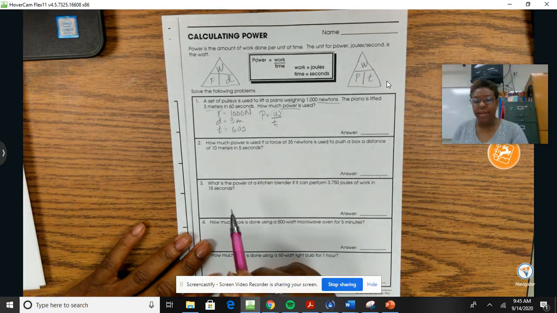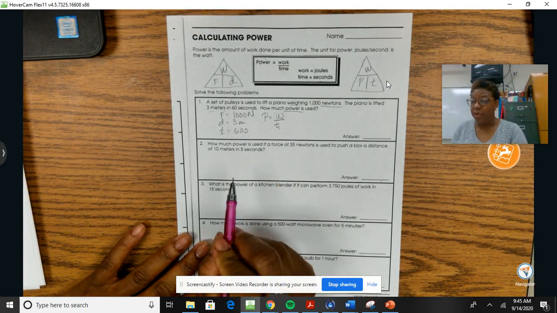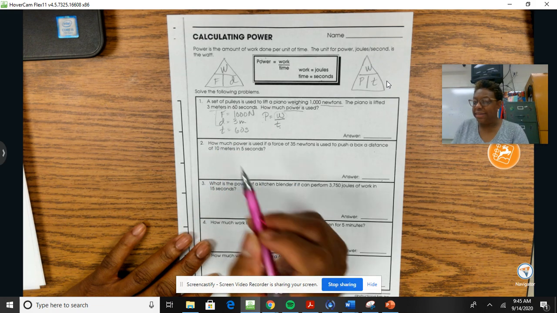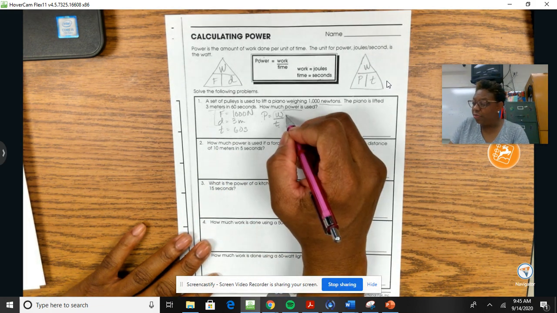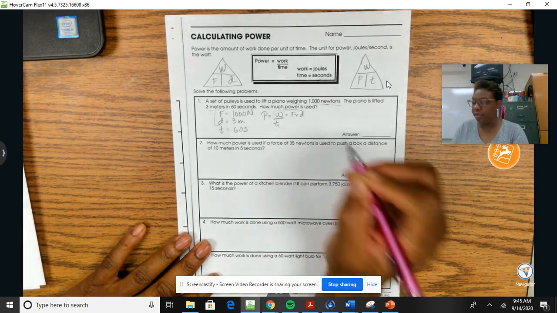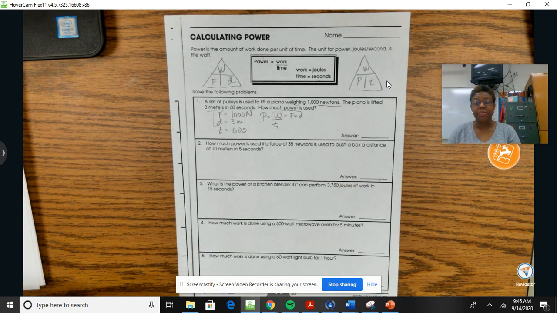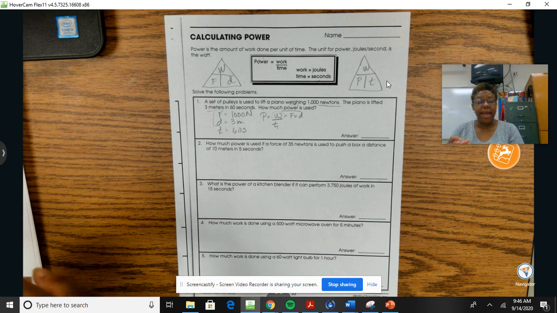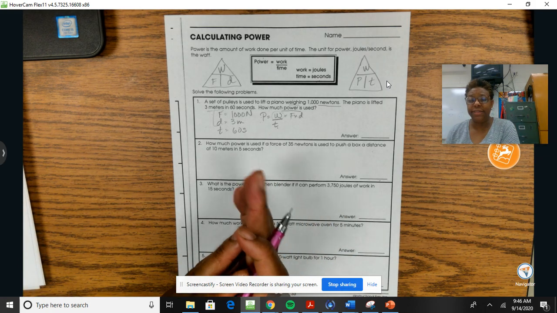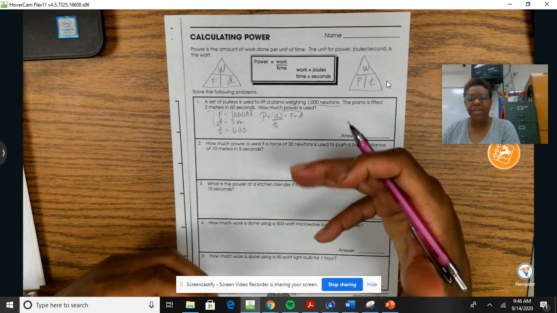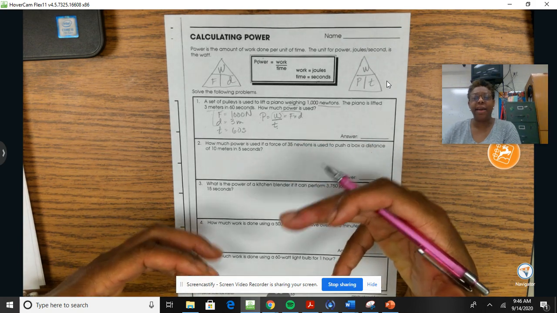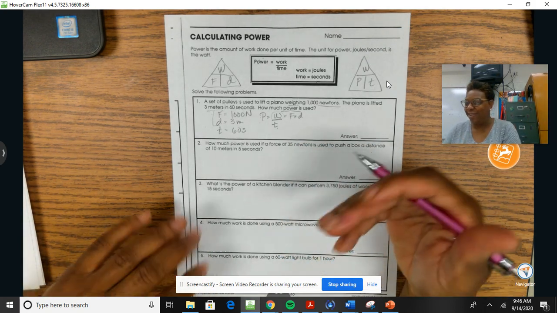Do we have work as is? No, we don't, but we do have force and distance. So work is equal to force times distance, which means we can calculate work. Again, in the practice problems I'm going to ask you to do today, you're not going to have to do both steps of this, but I decided to use this example just to revisit how to find work, because you will have to do that today.